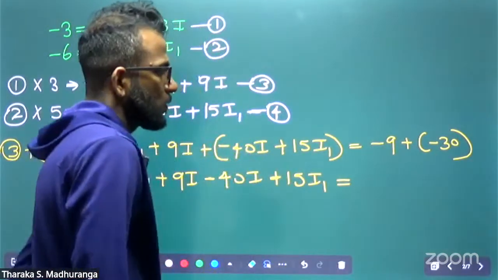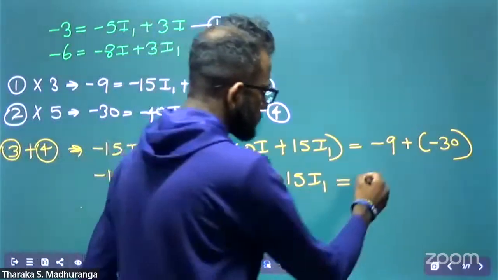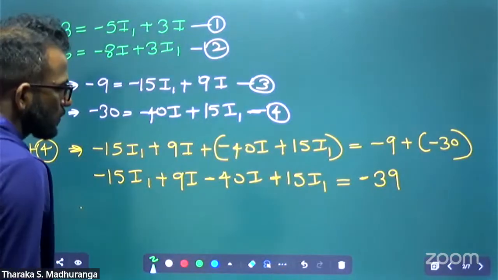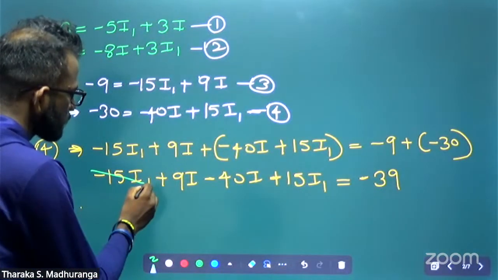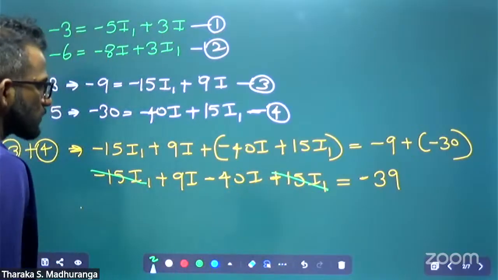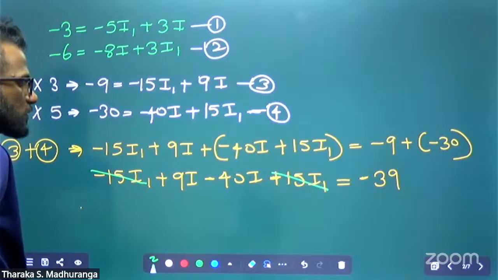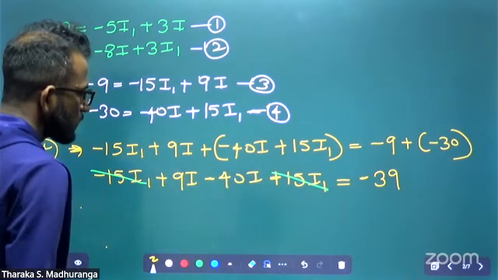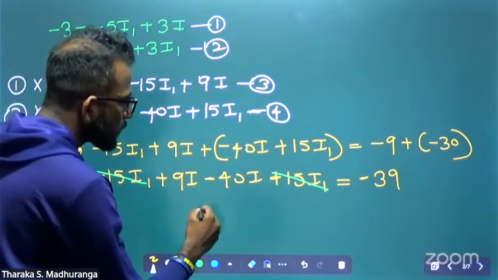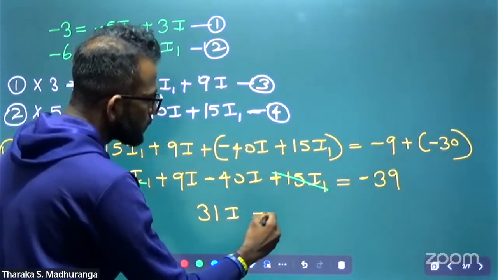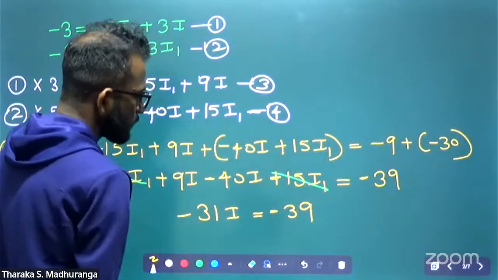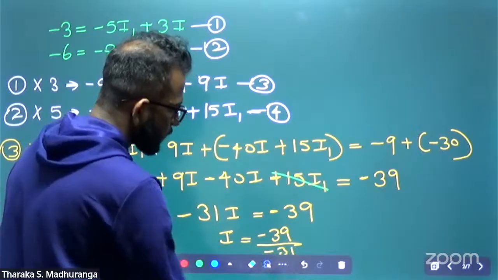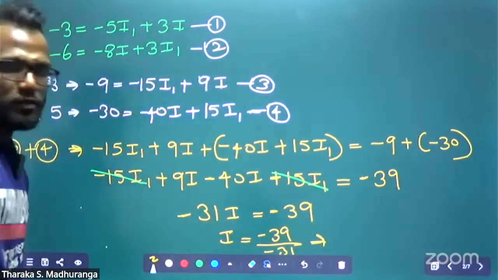Minus 9 minus 30 is minus 39. Minus 15 I1 plus 15 I1 cancel out. Plus 9I minus 40I, you get minus 31 I equal minus 39. Then I equals minus 39 over minus 31. The I value is a decimal value.